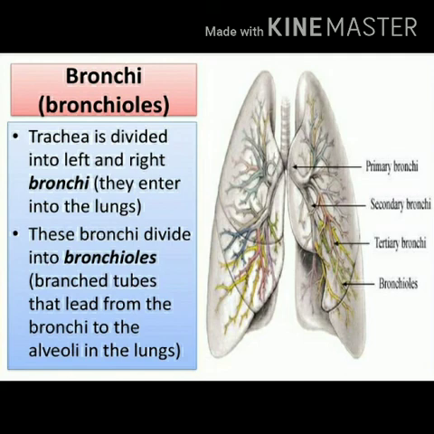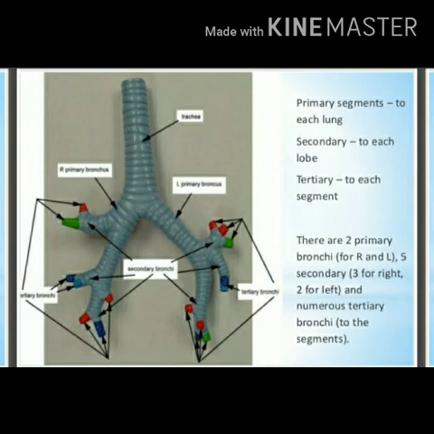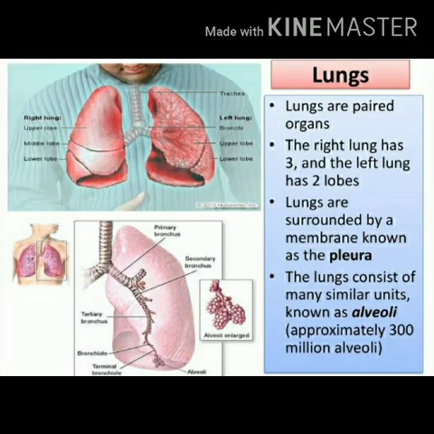This division of bronchi we call bronchioles. When the trachea is divided into two parts, one left side and one right side, those first branches we call primary bronchi. The branches which arise from the primary are called secondary, and the branches which arise from the secondary we call tertiary. These structures form a tree-like appearance.